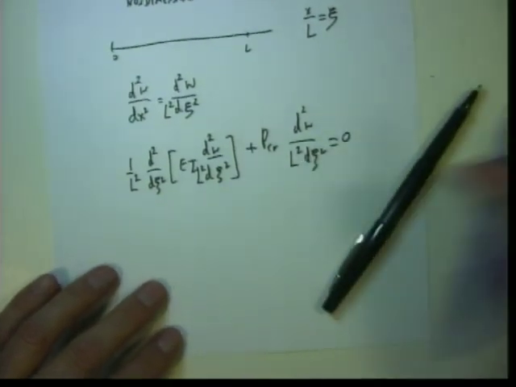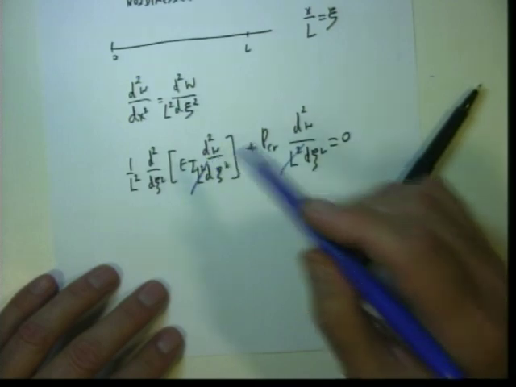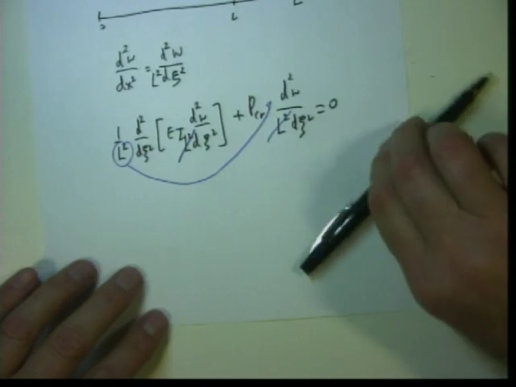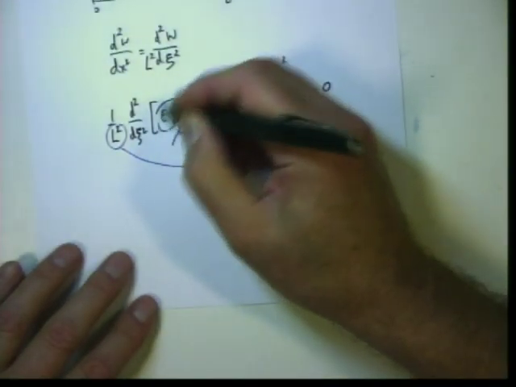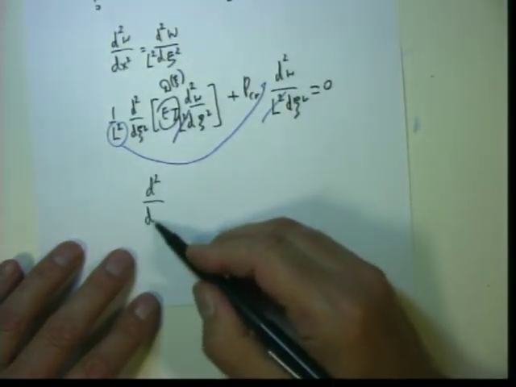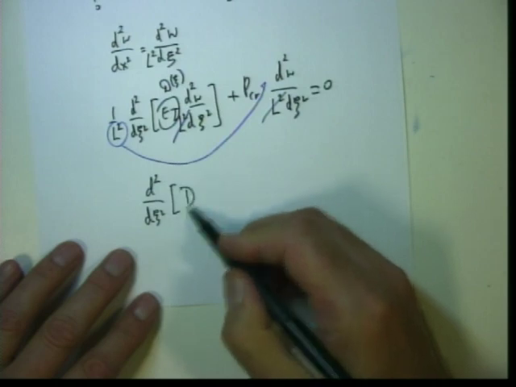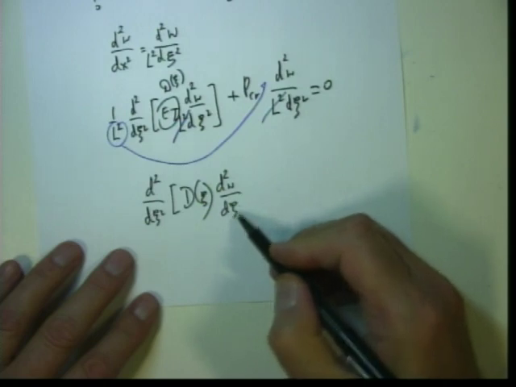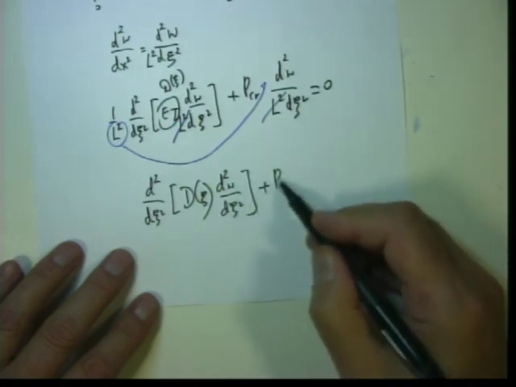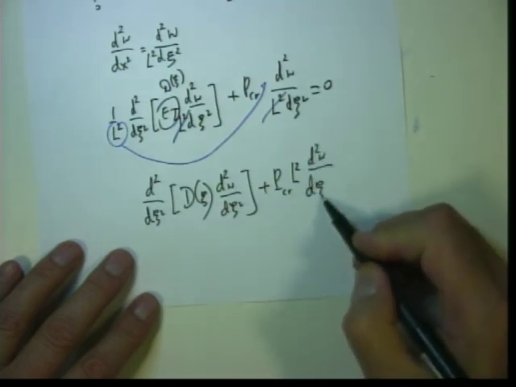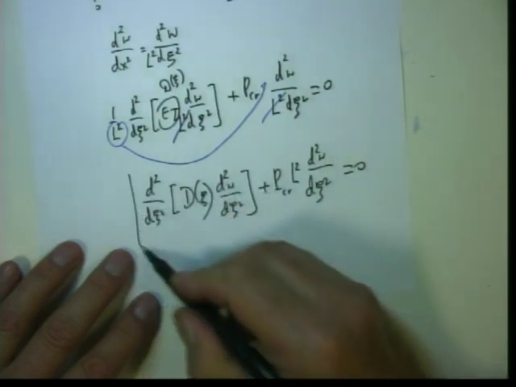Okay, this L squared and this L squared cancel. So then this L squared comes here. Then EI we can denote as D of xi. So we get the following equation: d2/d xi squared of D of xi d2w/d xi squared, plus P critical L squared d2w/d xi squared equals 0.